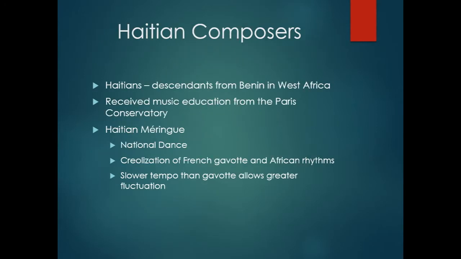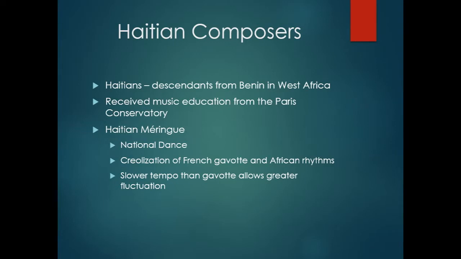There's some information about the Haitian composers. The Haitians are descendants from West Africa and Benin. After Haiti received its independence from France, musicians were sent to Paris Conservatory to receive their music education, to learn composition.